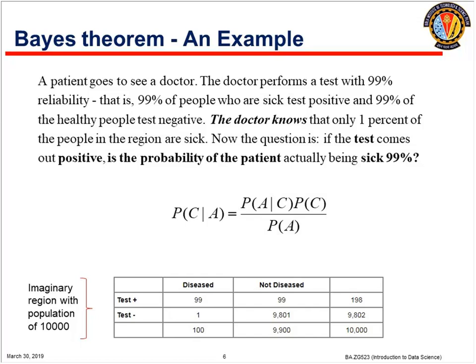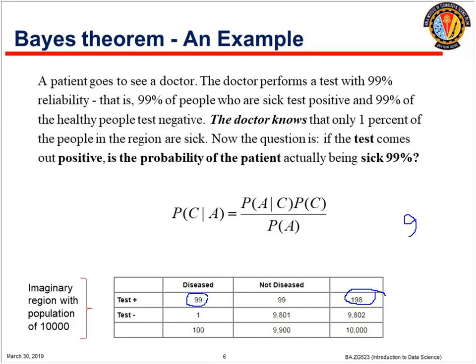Tested positive is this column, that is 198. So this is 198 who tested positive, and out of this, how many have the disease? 99. So that is 99 by 198.